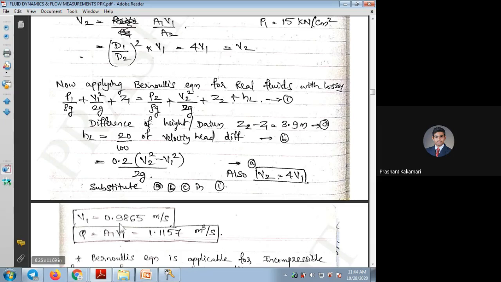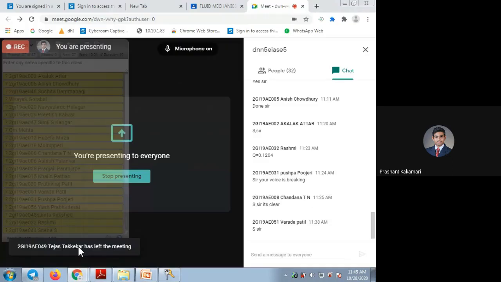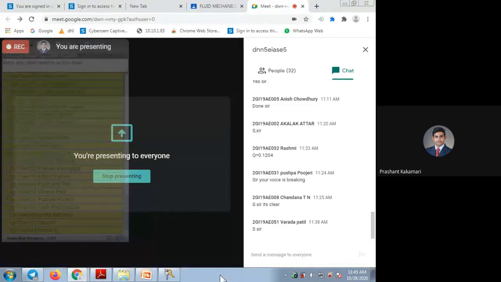If you find out V1, it is around 0.9865 meter per second, so that we can find out the discharge. The steps are clear.